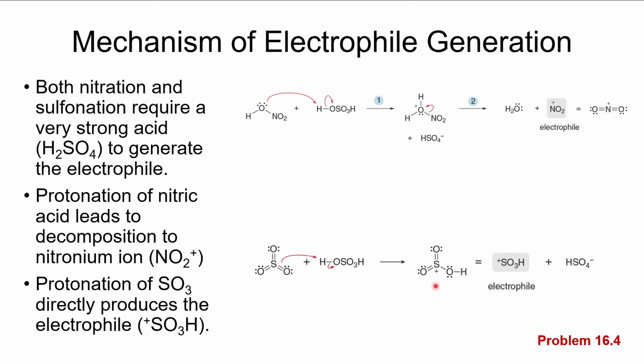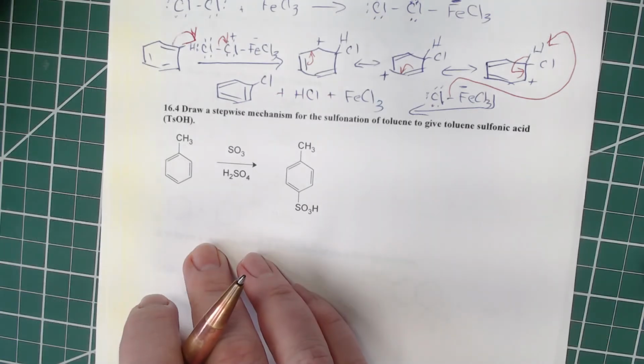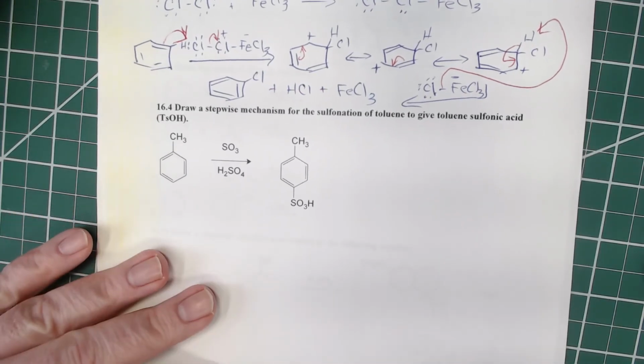So once we have generated that electrophile, then that would react with the aromatic ring. So we're going to do this mechanism on number 4. We're going to do it with a substituted benzene, toluene. So let's switch over. All right.